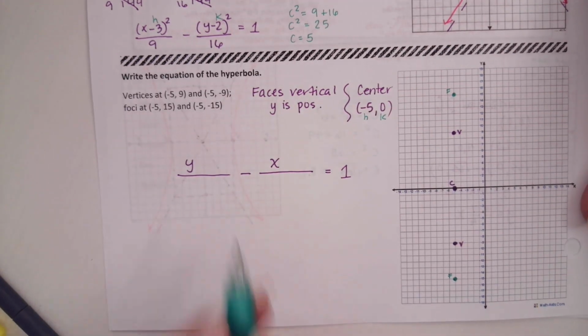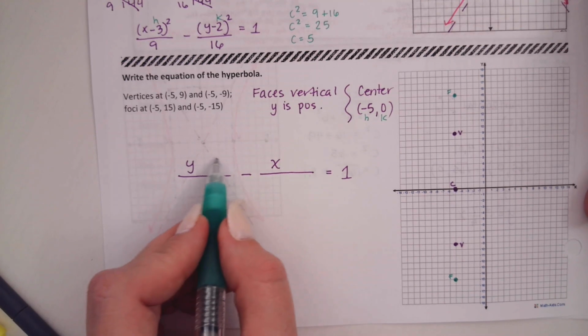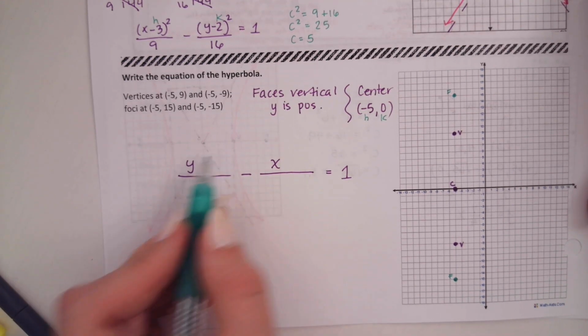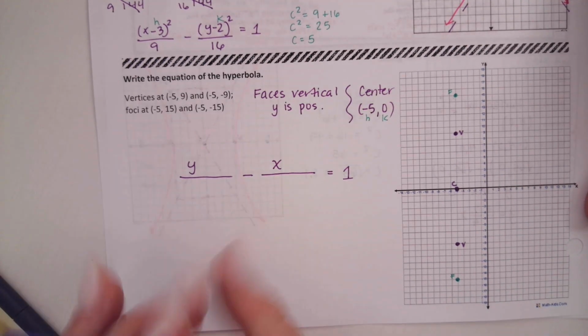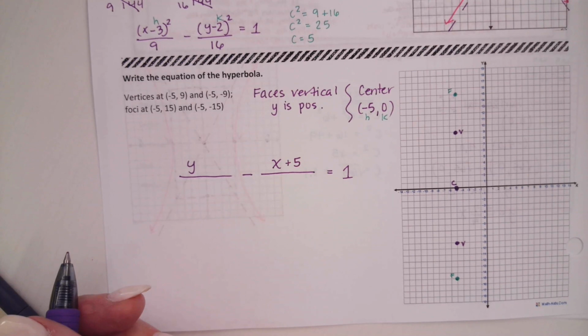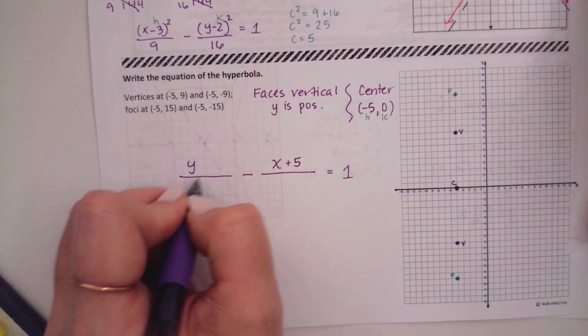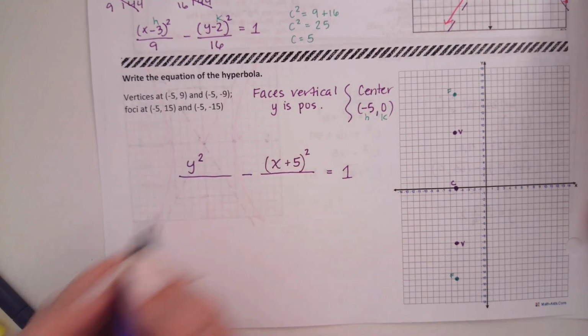Does the h or the k go with the y? The k. So do I have to write plus 0? No. For the x, though, what do I want to write? Plus 5. What else are those two numerators missing? The tops are missing what? Square, right. For the first one, you can just write y squared, but for the second one, put in parentheses and then square.